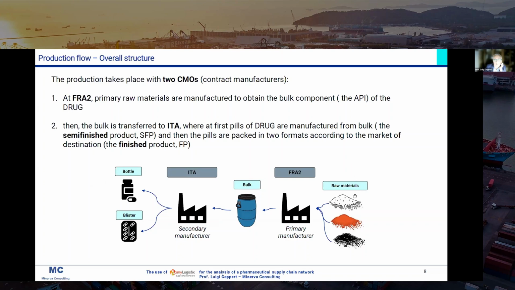So we start from raw material, the prime manufacturer in France that produces bulk. The bulk is used by the second manufacturer located in Italy that makes both the semi-finished product and the finished products. At the end, it produces bottles and blisters, as I said.